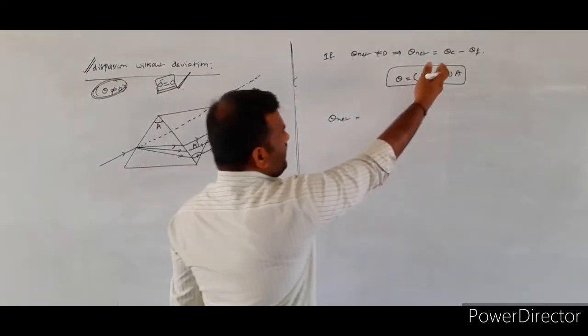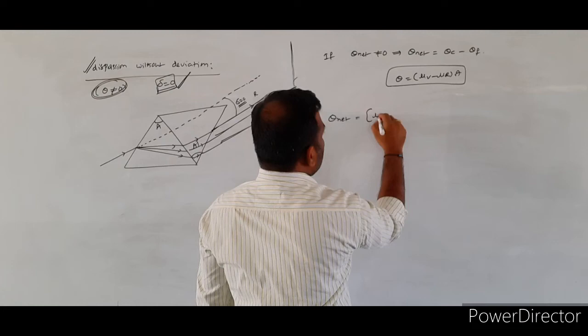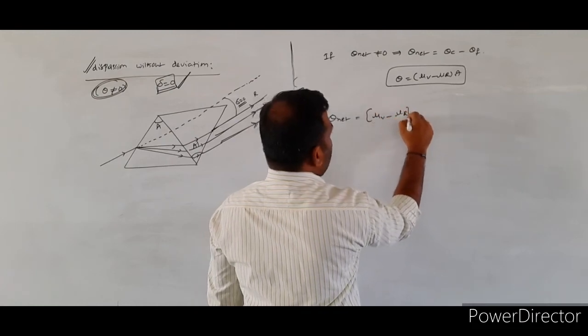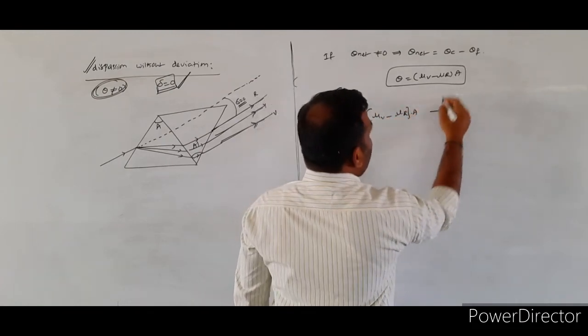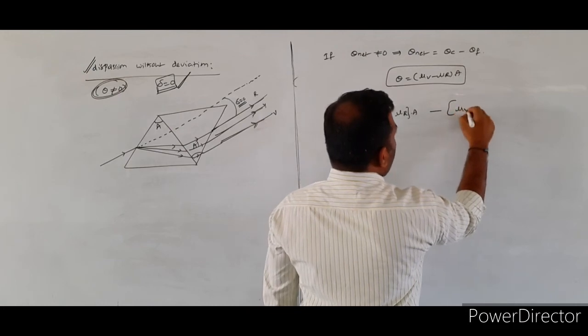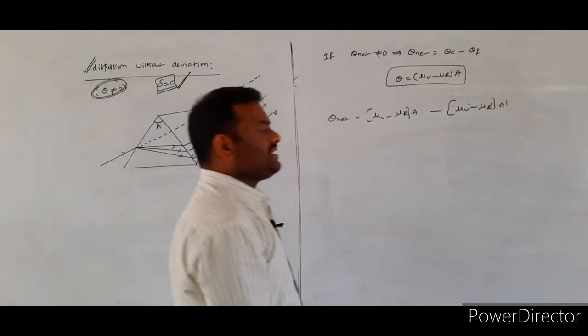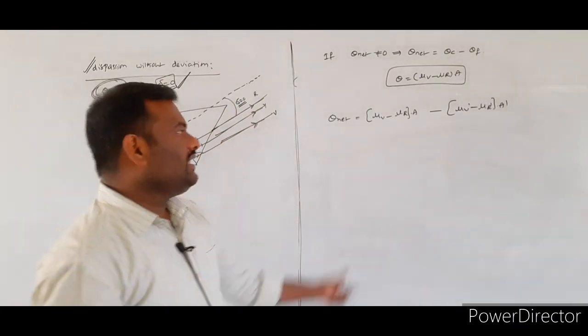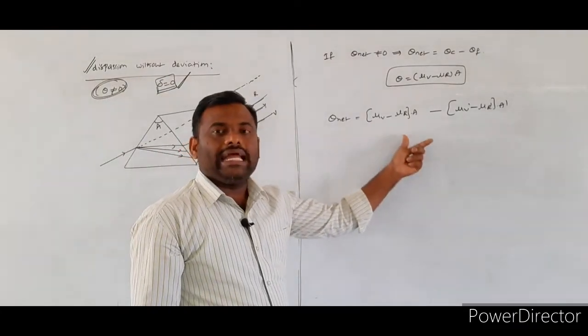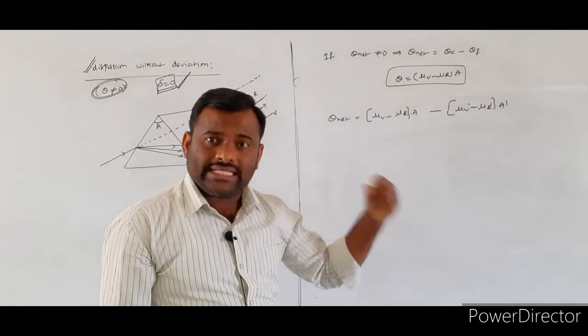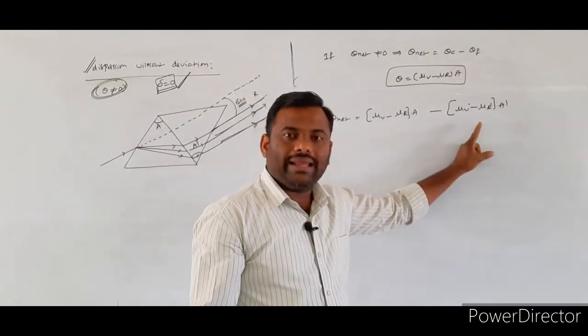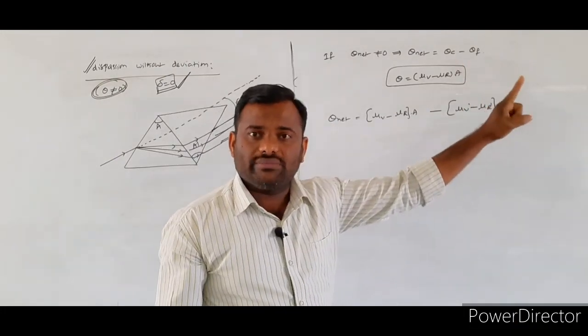So first I will write for the crown glass, mu v minus mu r into A, minus, for the flint glass, mu v dash minus mu r dash into A dash. The first term will be multiplied and divided by mu y minus 1, the second term will be multiplied and divided by mu y dash minus 1.